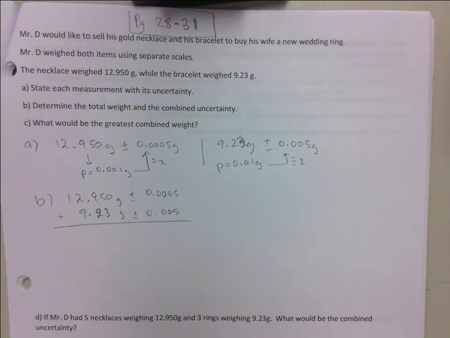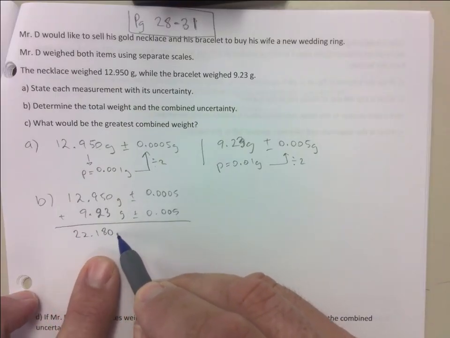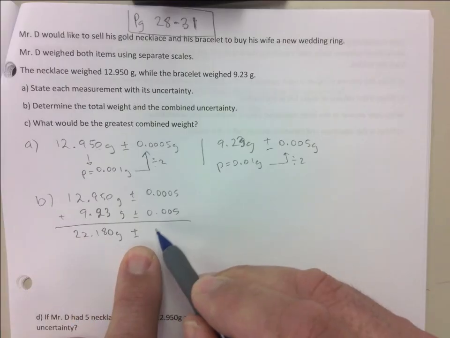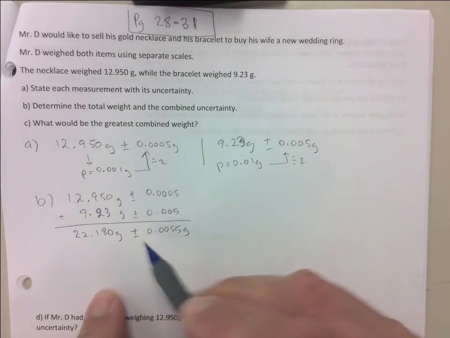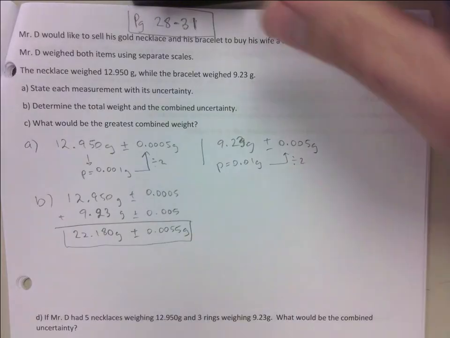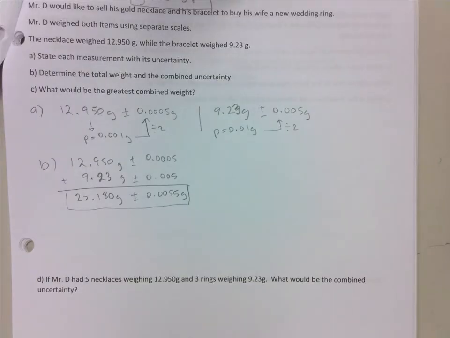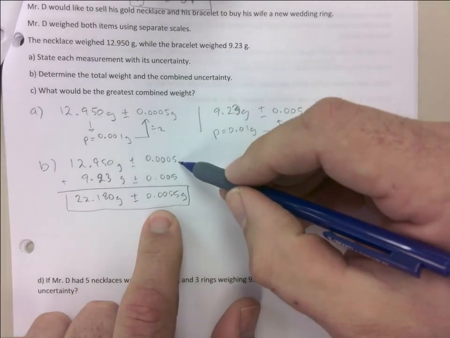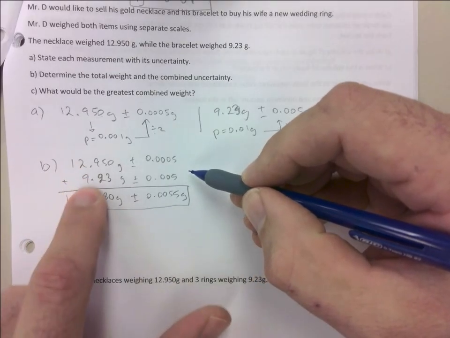If you do that, let me just go to my key here. That's 22.180 grams, plus or minus. If you add this up, it's 0.0055 grams, okay? And there you have it. That's the combined weight and the combined uncertainty. So you always add up the uncertainties no matter what, okay? No matter what happens to the actual measurements.